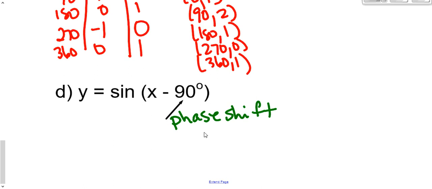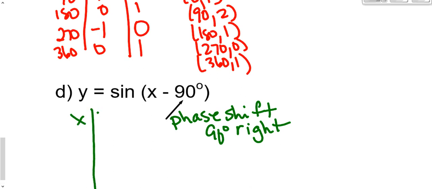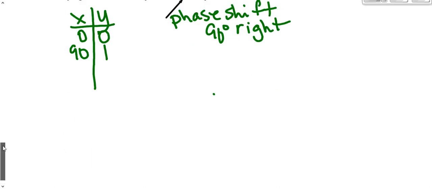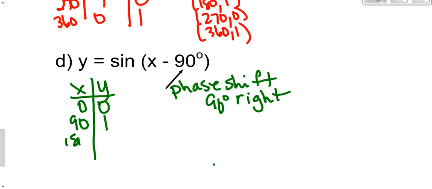Really, it just stands for moving it left or right. And this is going to be 90 degrees to the right. Okay. 0, 0, 90, 1, 180, 0, 270, -1, and 360, and 0.